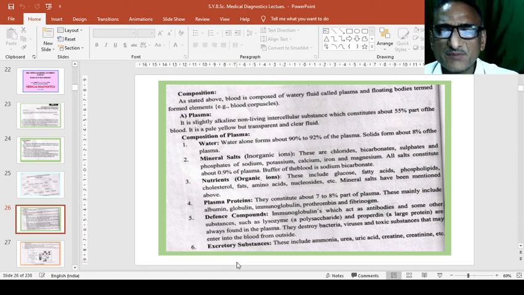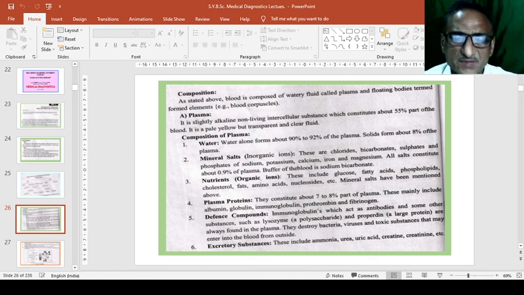Then plasma proteins, which constitute about 7 to 8% of the plasma, like albumin, globulin, immunoglobulin, etc. Then it also contains defense compounds. They defend against foreign bodies or unwanted materials like bacteria, viruses, pus, and so on.